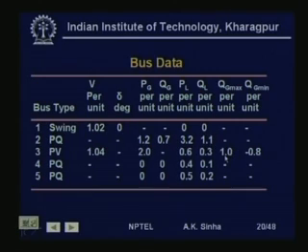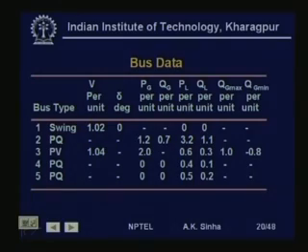That is, at the PV bus we specify the reactive power limits, because excitation cannot go beyond a certain limit. So, the control has to be within the operating constraint of the machine or the equipment. Therefore, the minimum and maximum value of the reactive power is specified at the PV bus bars.